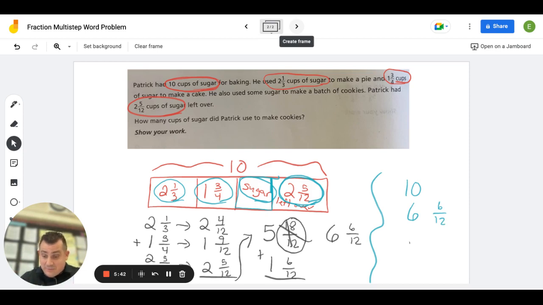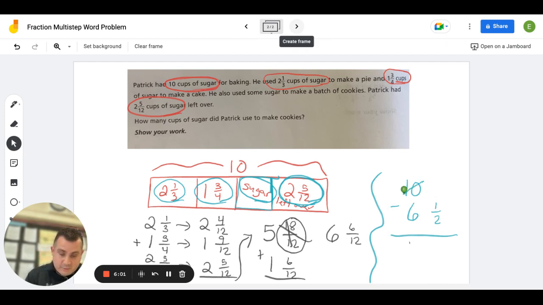Or if it's easy for you at this point, you could change that 6/12, and I will, into 1/2. Now I have to subtract. Well, I can't do nothing minus 1/2. So I now have to regroup.